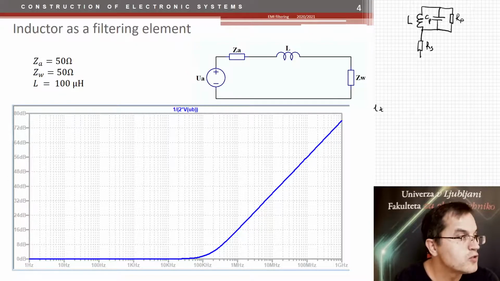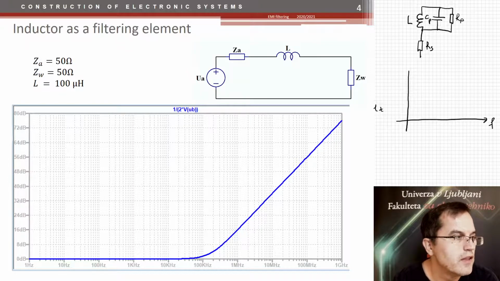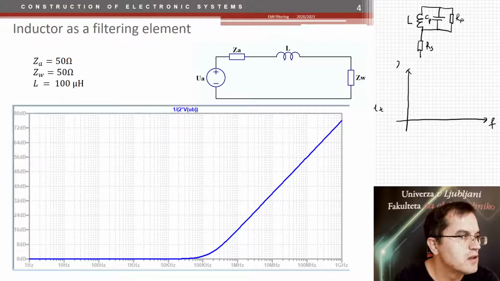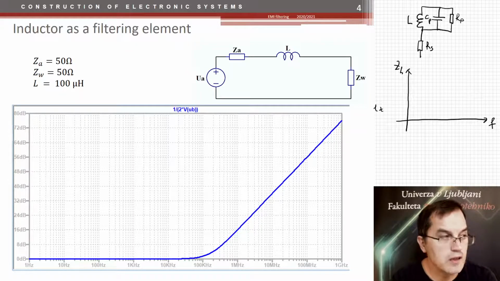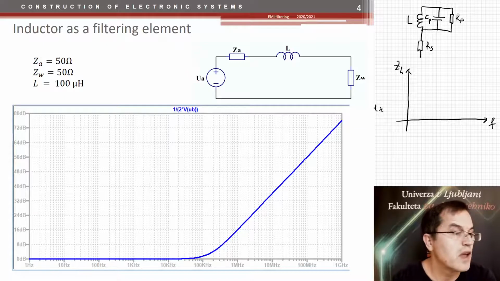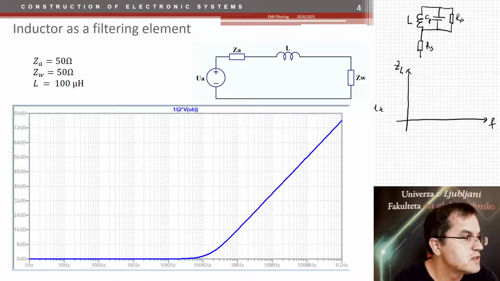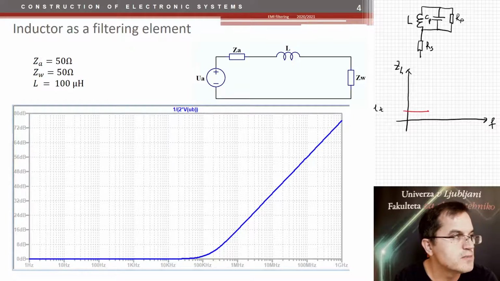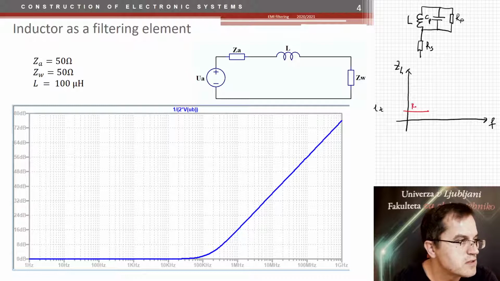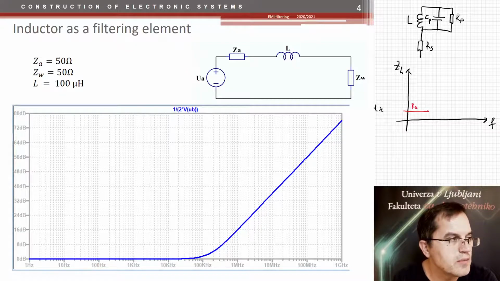First of all, I want to plot the impedance of such a coil, Z of the whole coil. At low frequencies, we have the series resistance, because the omega L is much lower. Then the impedance increases because the coil starts to prevail.